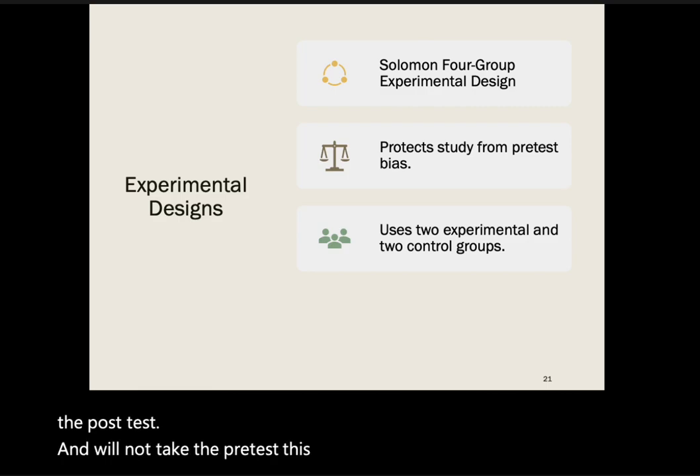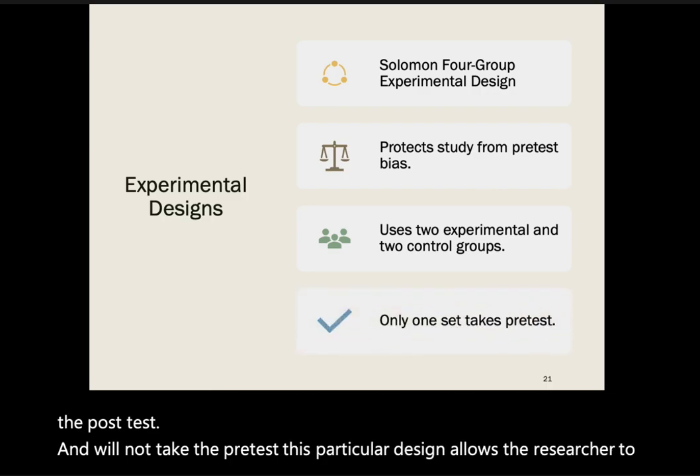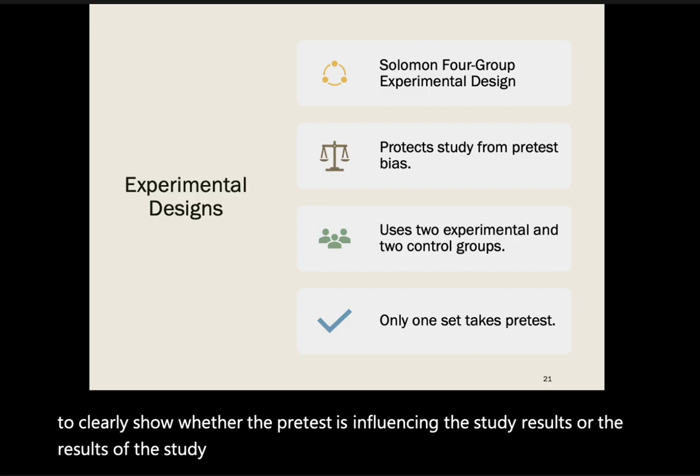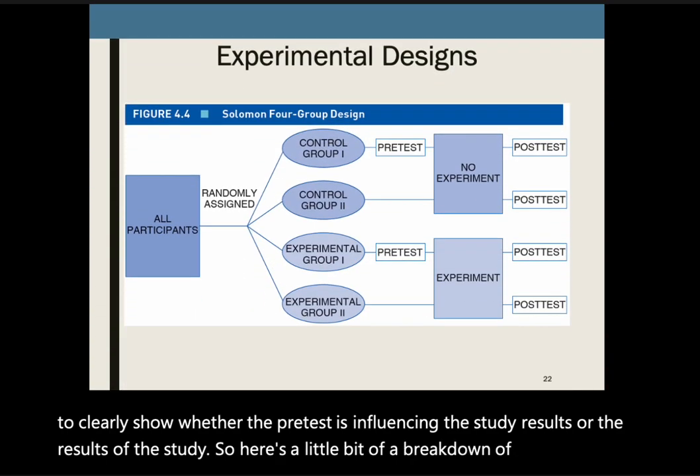This particular design allows the researcher to clearly show whether the pretest is influencing the results of the study. So here's a little bit of a breakdown of what that experimental design looks like.